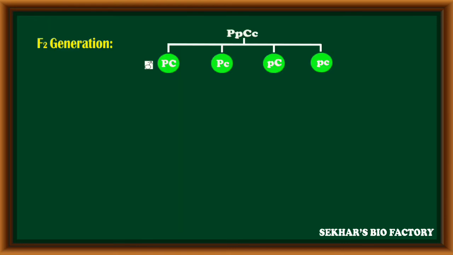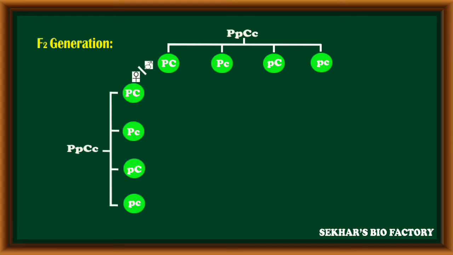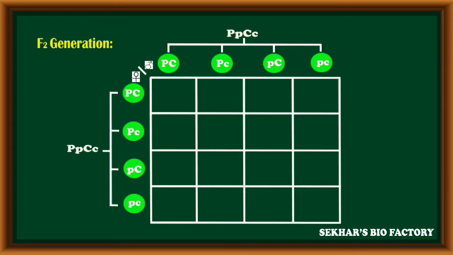In this way, the F1 hybrid can produce four types of gametes. These F1 gametes fuse randomly to form the F2 generation in the Punnett square method. When we observe the first combination, it becomes capital P, capital C alleles. Both genes have dominant alleles, anthocyanin pigments are produced in petals, and the petal color becomes purple.